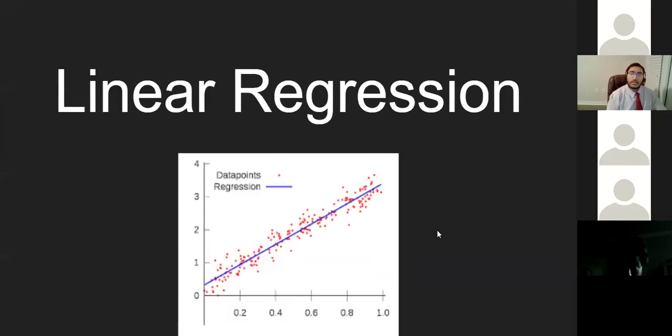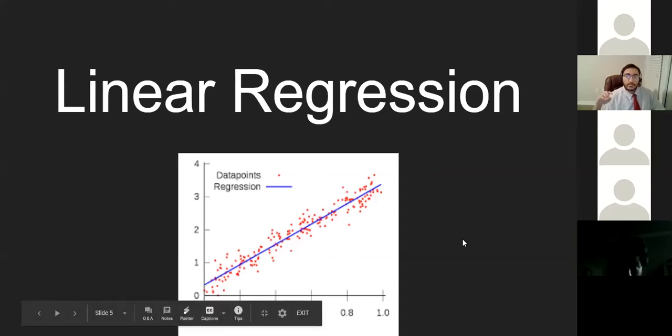So yeah, the next very popular model I want to go over is linear regression. So this is really just graphing one dependent variable over however many independent variables you have, just to see the correlation between them. It usually looks something like this, especially in the first coding example we're going to be going over.